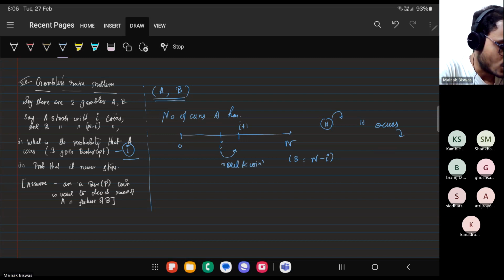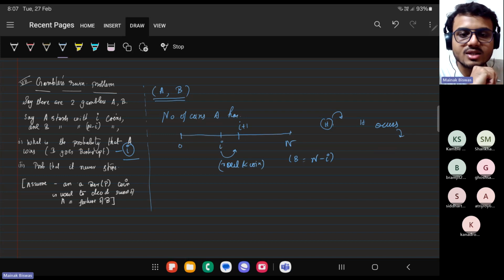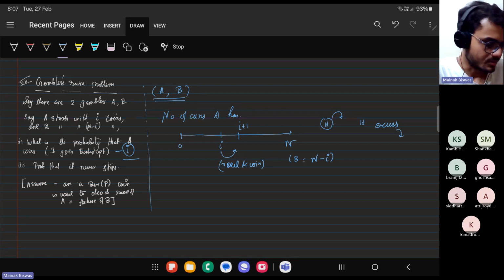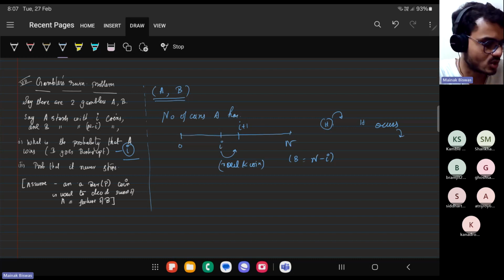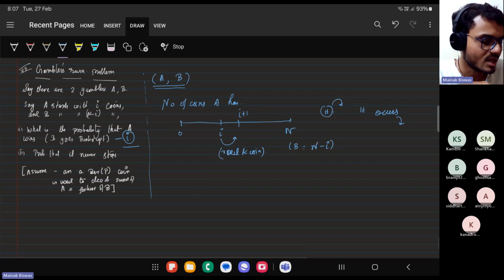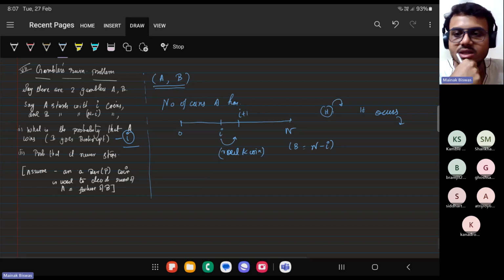Whenever it goes to n coins, it will win the game, and as soon as it goes to n, B will go to 0. So there's a symmetry here: A and B are interchangeable, so we can solve without loss of generality. If it starts from I coins, what is the probability that A wins?